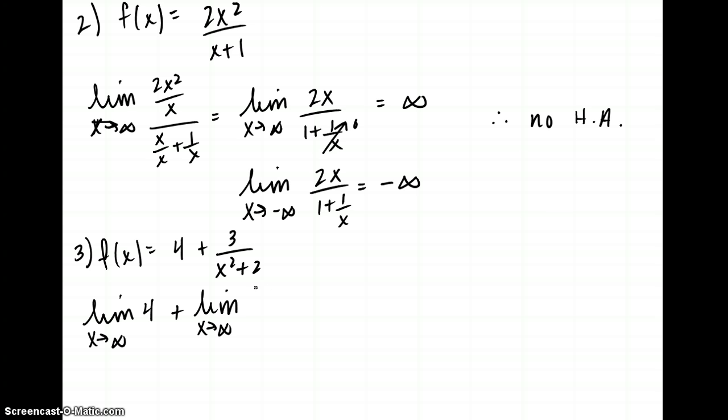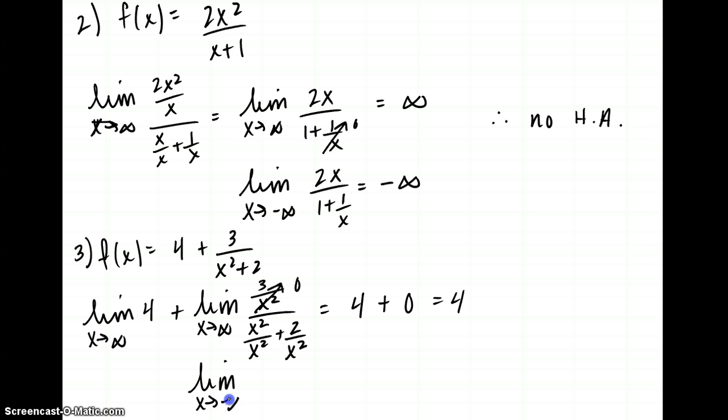I'm going to divide each term of my rational expression by x squared. Notice that this 4 isn't affected by the x at all. That's why I can just set that statement as 4. And then this gives me, that'll always approach 0. So the limit as x approaches infinity will be positive 4.